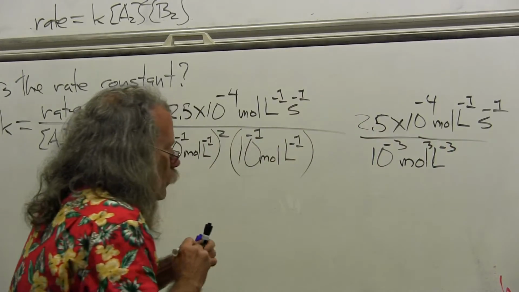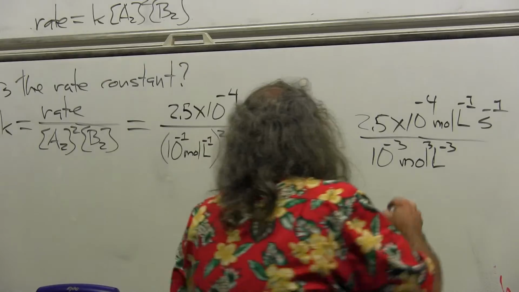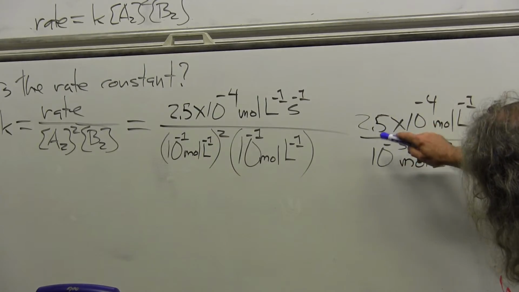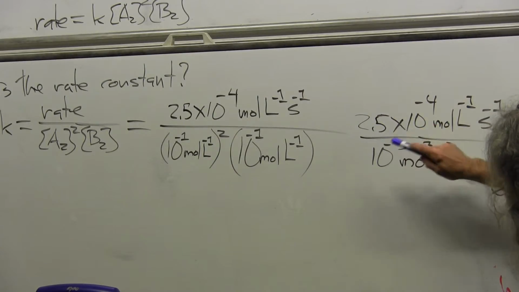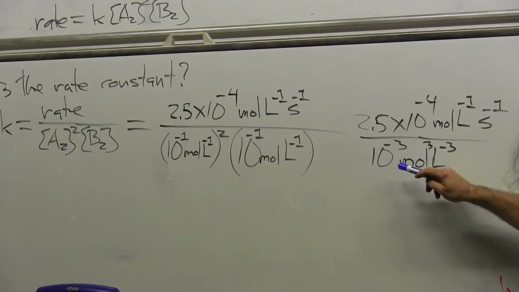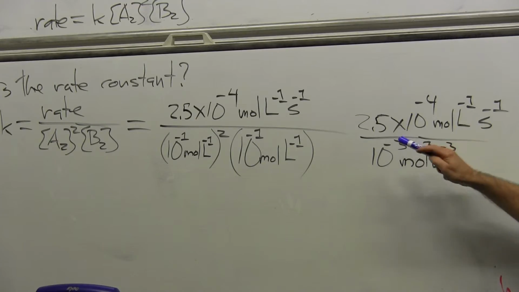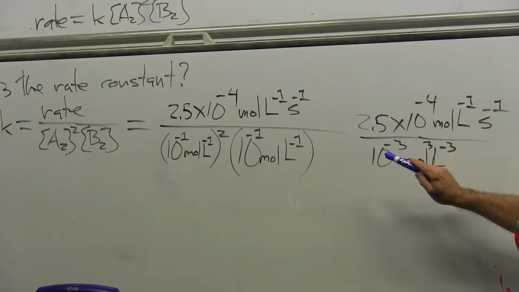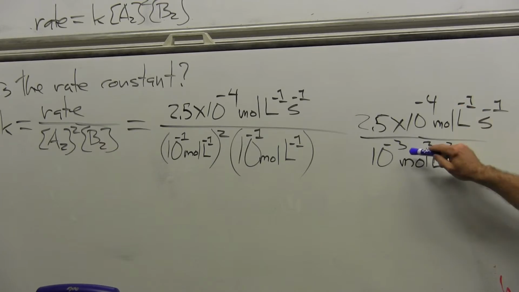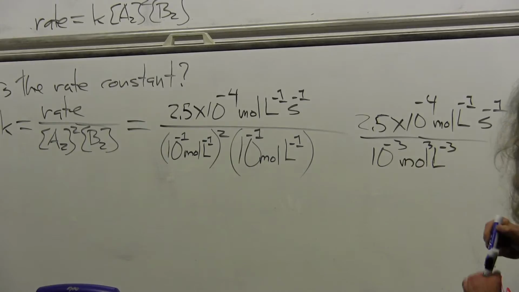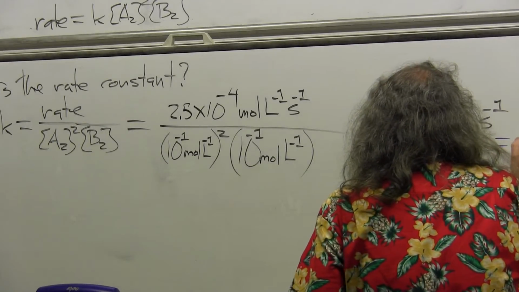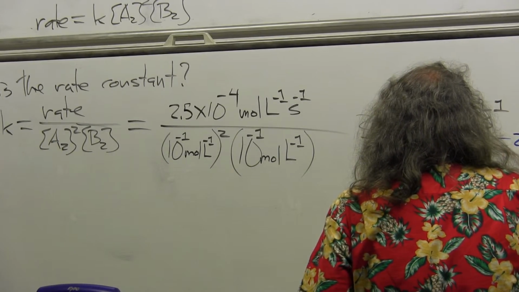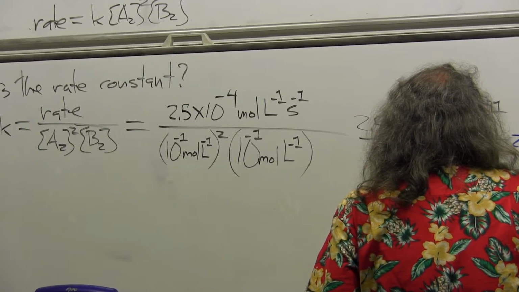And so now the only math I have to do, the 2.5 is fine, and it's easier to work in the characteristic. 10 to the minus 4th divided by 10 to the minus 3rd is 10 to the minus what? 1. Equals 2.5 times 10 to the minus 1.